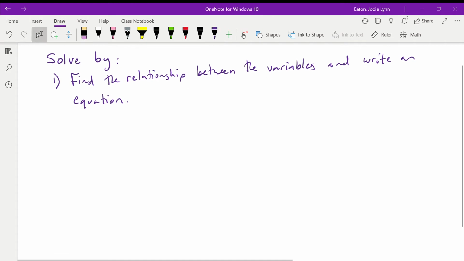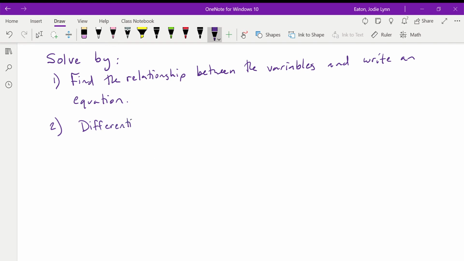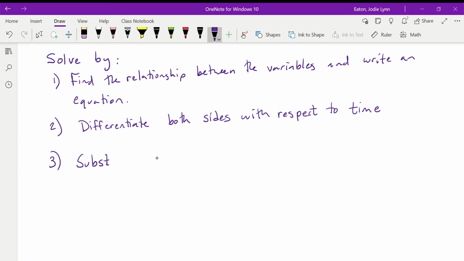Number two, differentiate both sides with respect to time. So we're going to take d, whatever variable, dt, which means we are likely going to have to use the chain rule because time is unlikely to be one of the variables we're actually looking at. And then three, we're going to substitute in any given values and solve for the unknown.